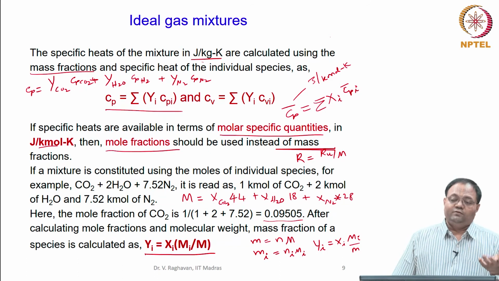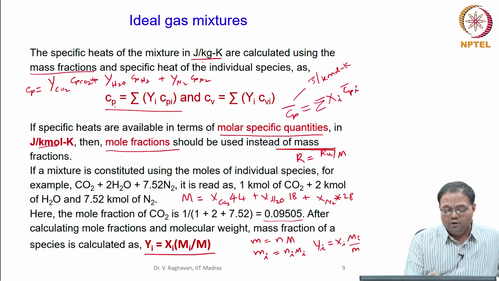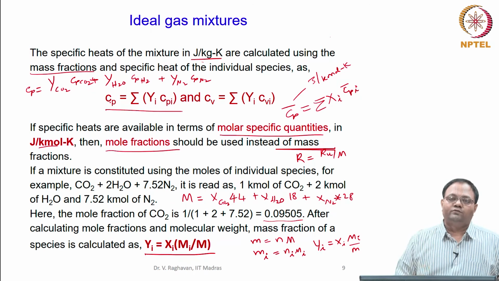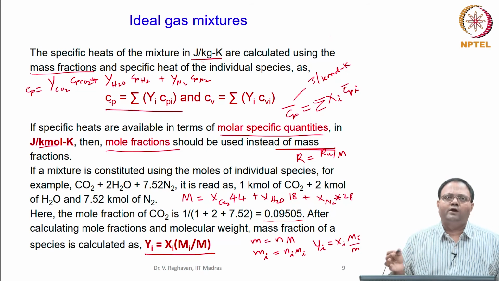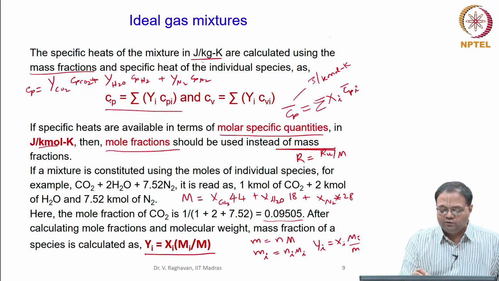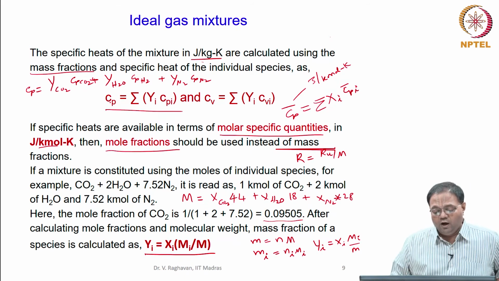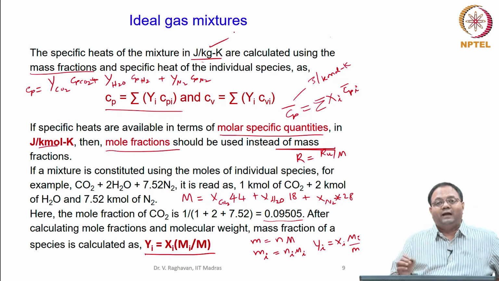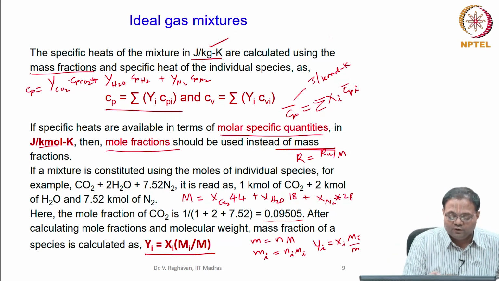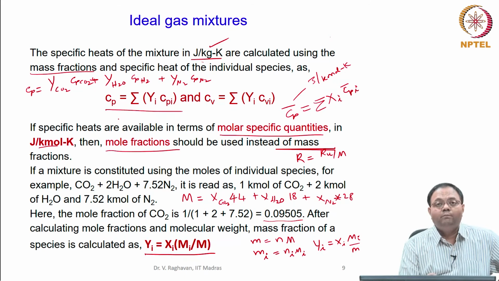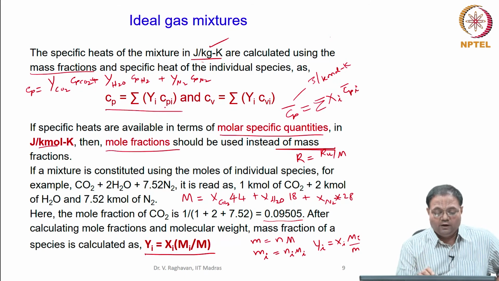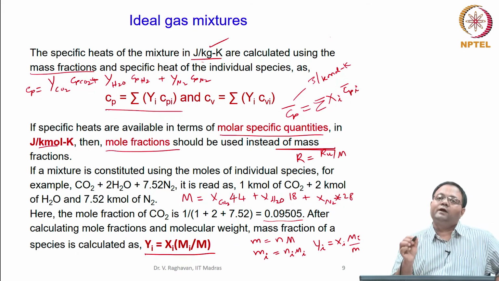Coming to the specific heat of the mixture. First of all, the individual specific heats should be known to us. By measurements, and a lot of correlations and tables are available, we can take individual Cp values from those. If it is mass based, so joule per kg Kelvin, then you have to use mass fractions and get the Cp of the mixture as sigma yi Cpi, and here Cp is in joule per kg Kelvin.